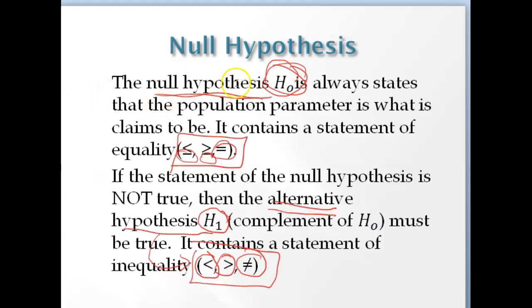And again, the null hypothesis, denoted H sub 0, always contains a condition of equality. It's going to have a less than or equal to, greater than or equal to, or equal to in it. In other words, there will be an equal to somewhere. Whereas the alternate hypothesis, denoted H sub 1, always contains a condition of inequality: less than, greater than, or not equal to.